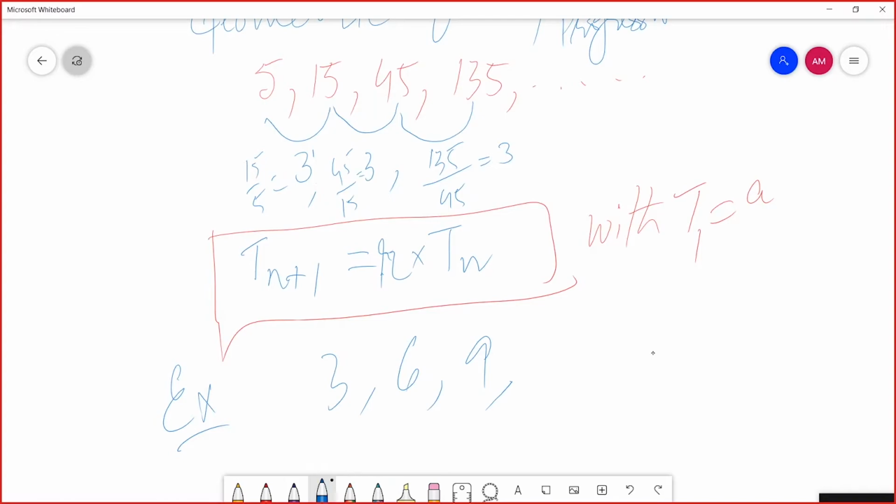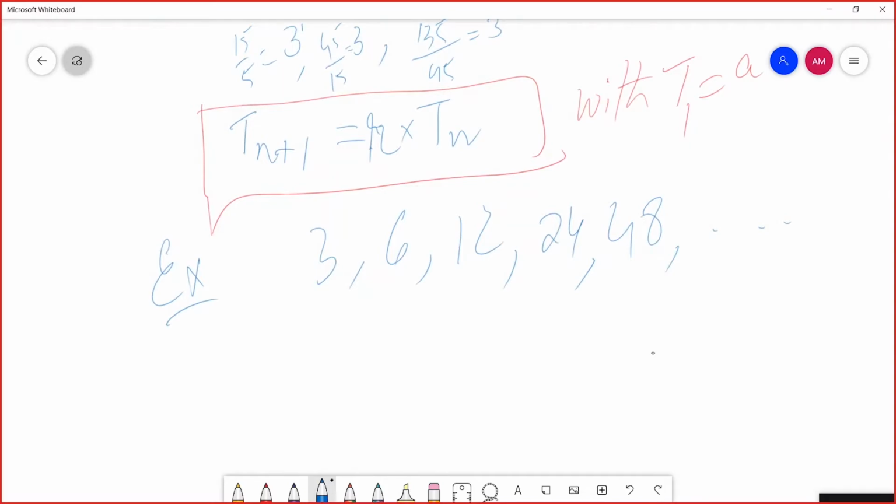I'm sorry, not 9. 3, 12, 24, 48. Tn plus 1 equals 2Tn. And you always have to write T1, where T1 is 3, because for defining the whole sequence you have to know the term 1, and then you can start writing the whole sequence. Does it make sense to you or no?